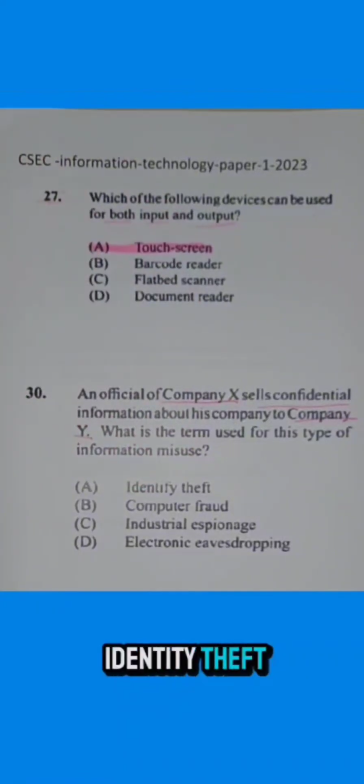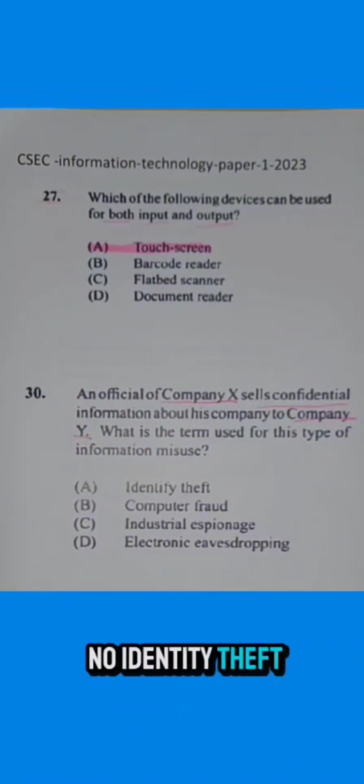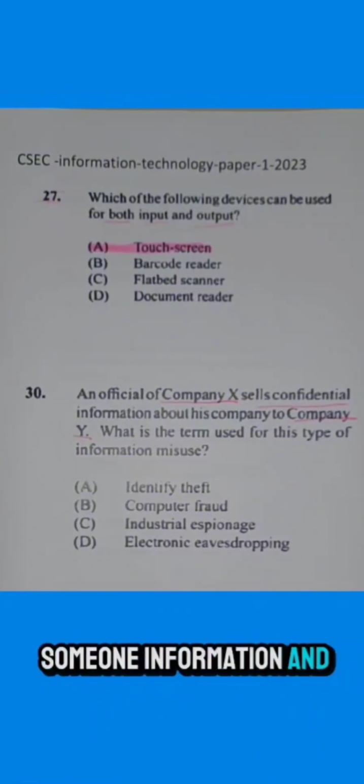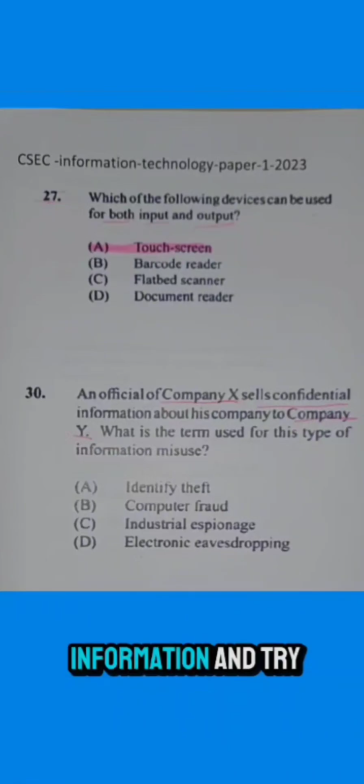They give us identity theft. Now, identity theft could be a favorite for persons to choose, because identity theft is where you take someone's information, for example credit card information, and try to buy products pretending to be that person.